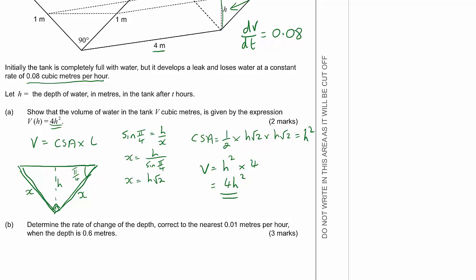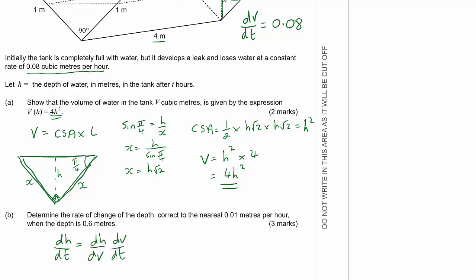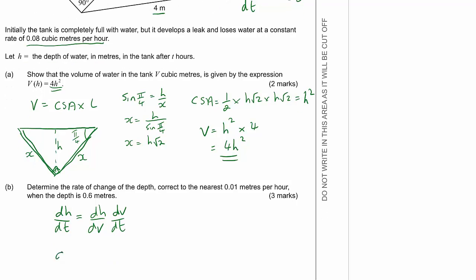So we now want to determine the rate of change of the depth. So that's dh/dt. Well, we could do that as dh/dV times dV/dt, since we know dV/dt. Now dV/dh is going to be 8h.